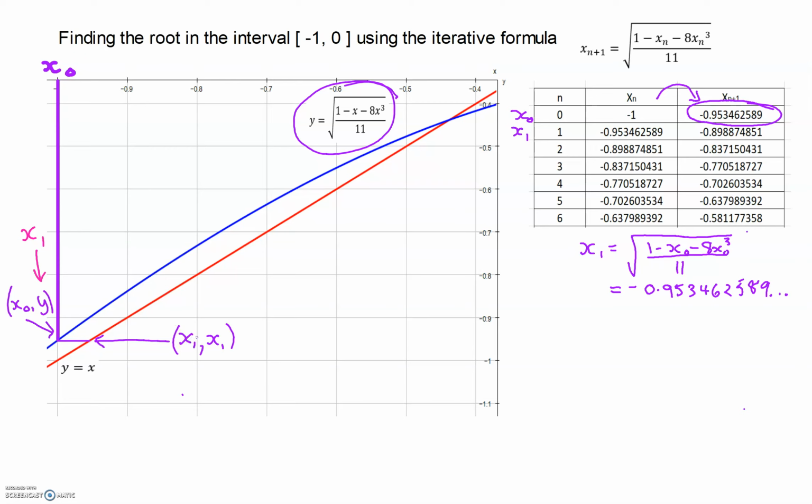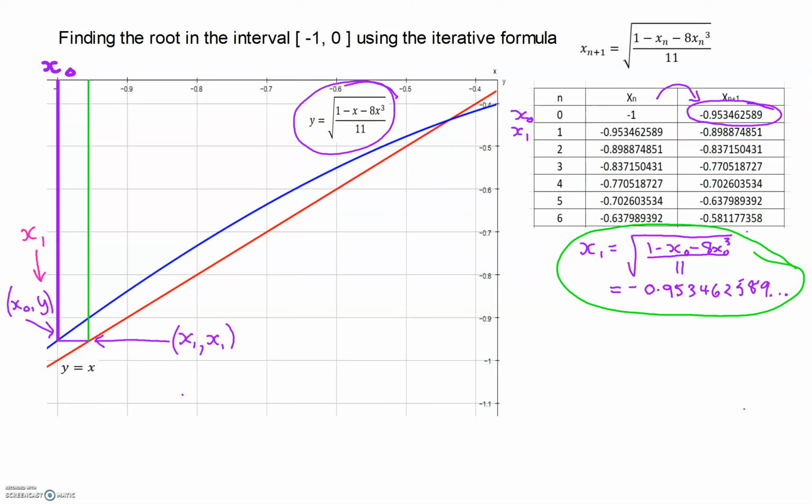And so our x value is now x1. If I just draw a quick line going up to the x-axis, you can see that it's roughly halfway between -1 and -0.9, and so that confirms the value of x1 that we had in our calculations and in the spreadsheet.